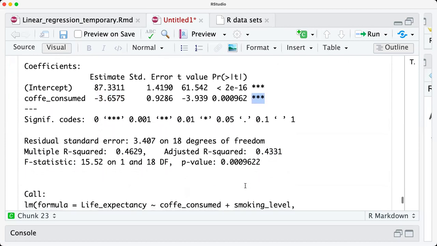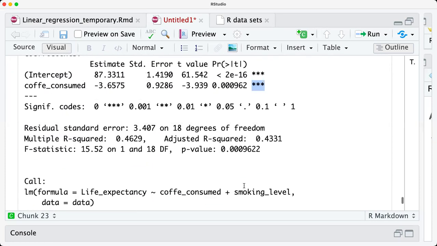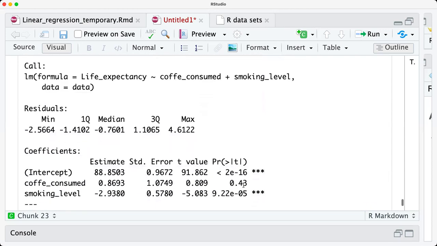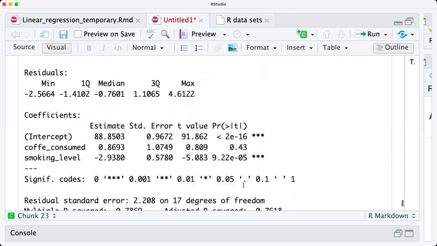Then okay, say no, it is the cigarette actually. So I add to my data the cigarette, the smoking level. And let's see what I see: the coffee consumed is not significantly different from zero. You see the p-value is 0.43.